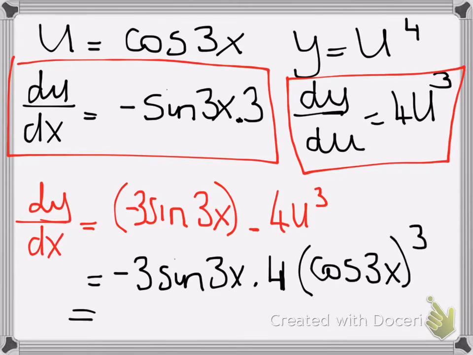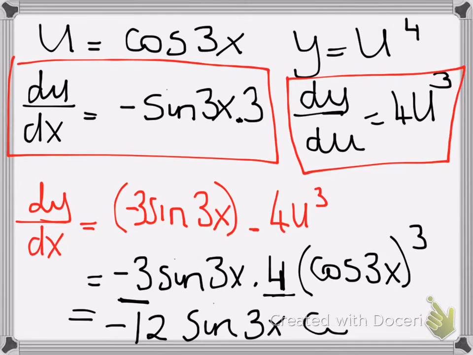Tidying that up, minus 3 multiplied by 4 is minus 12 sine 3x, and cos 3x to the power of 3 is cos cubed 3x. Okay, so minus 12 sine 3x cos cubed 3x.